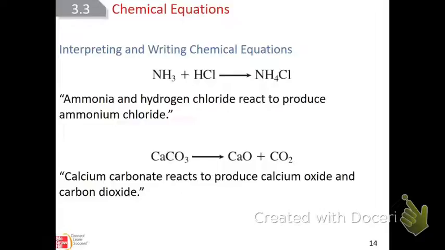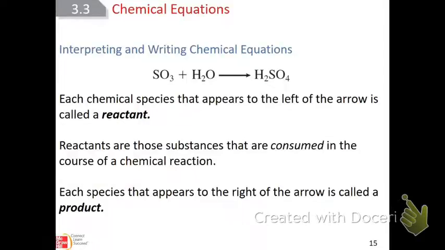All right. When you are writing chemical equations, you need to know that this arrow is called the yield sign. Some of you that have taken high school chemistry already know this.